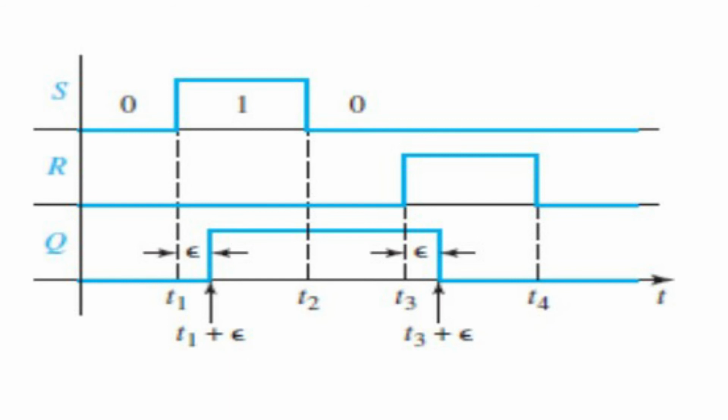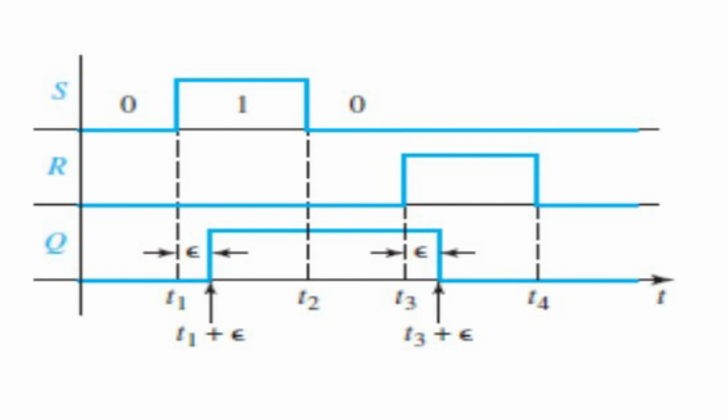After a certain time, when we make the value of R as 1, you can see at time t3 the value of R has changed from 0 to 1, but because of the gate delay the value of Q is still holding 1, and it will change after a certain amount of time delay, which we label as t3 plus epsilon.